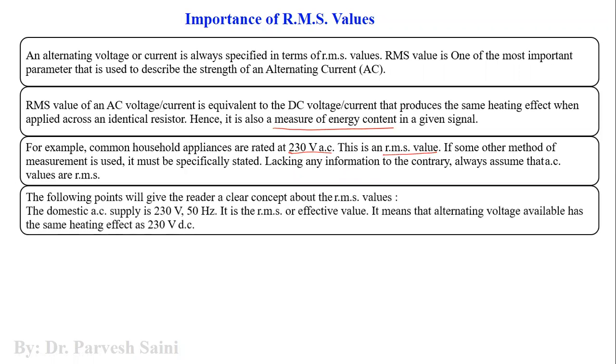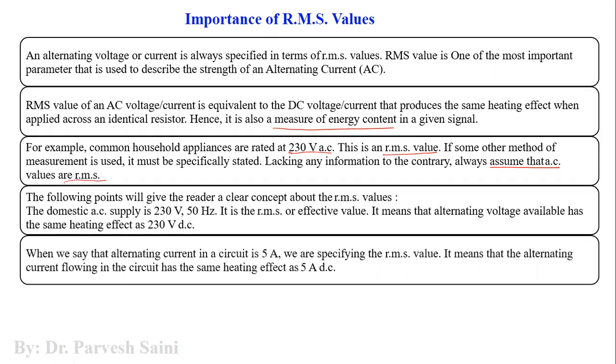Unless it is specified, all the values of voltage or current mentioned with electrical appliances as their rating must be assumed as the RMS value. Otherwise, it would be specified whether the given voltage is the peak value, instantaneous value, or average value. If it is not specified, you will assume that AC value as the RMS value, right?